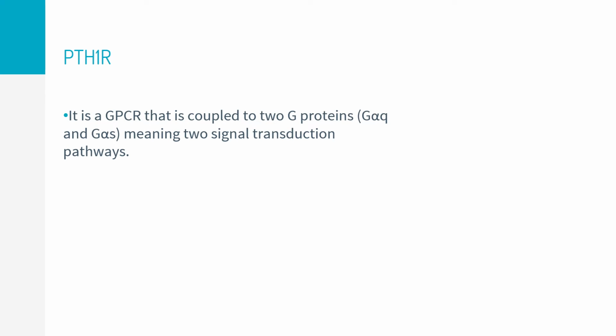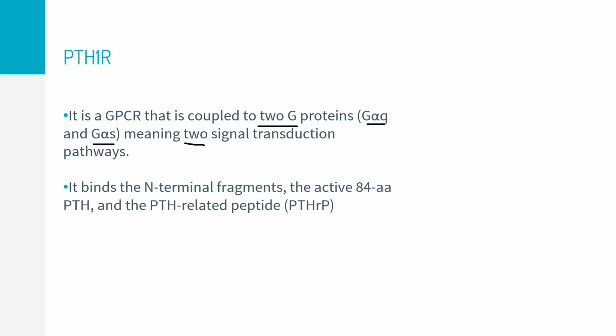It is a G protein coupled receptor that is coupled to two G proteins, G alpha Q and G alpha S, meaning that it has two signal transduction pathways. It binds the N-terminal fragments, of course, the active part of the parathyroid hormone, and a peptide which is called the parathyroid related peptide.